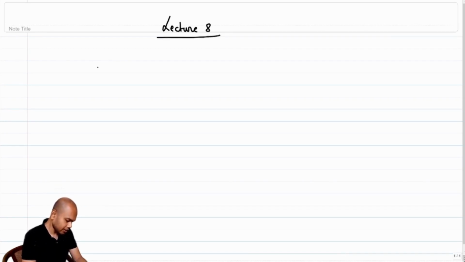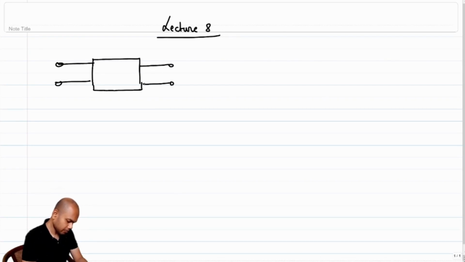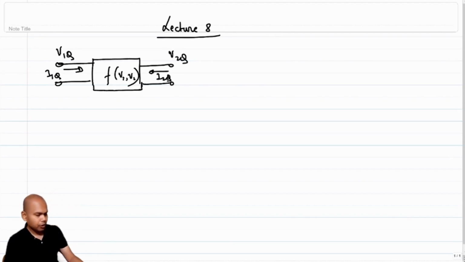We simply said that if I have a nonlinear two-port network biased at voltages V1Q, V2Q, and if these currents are I1Q and I2Q, and if we perturb the port voltages, right?